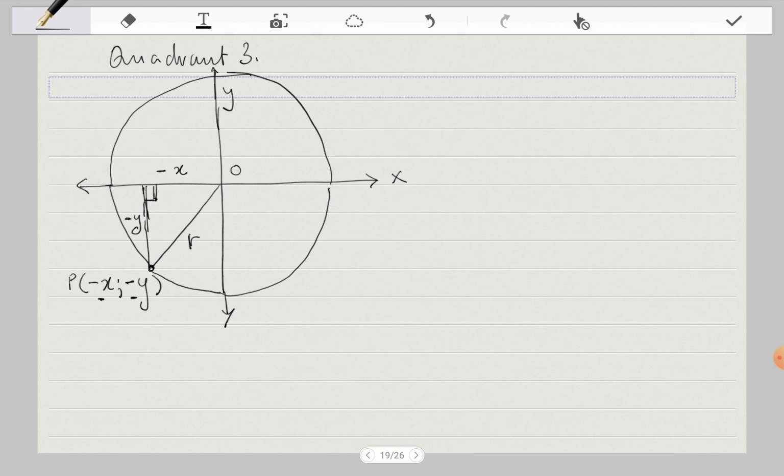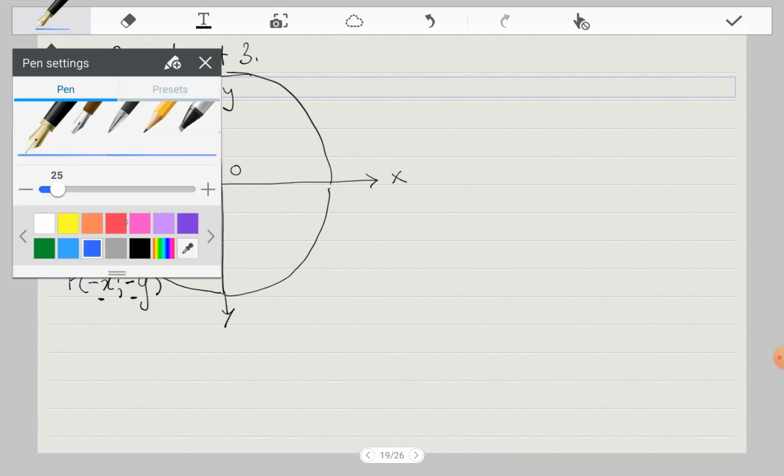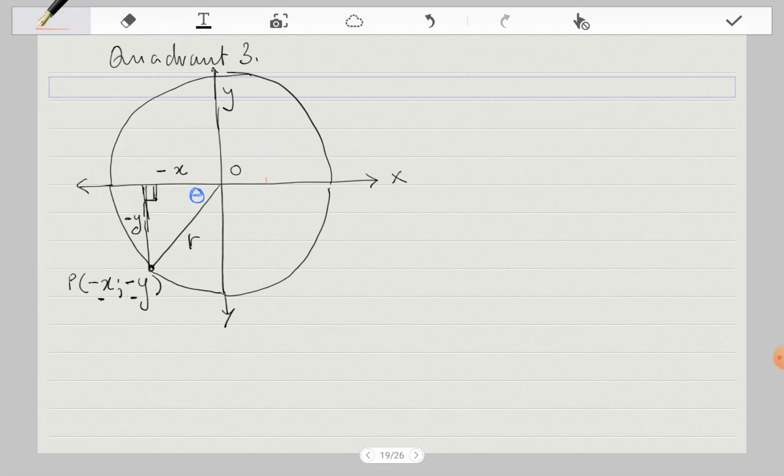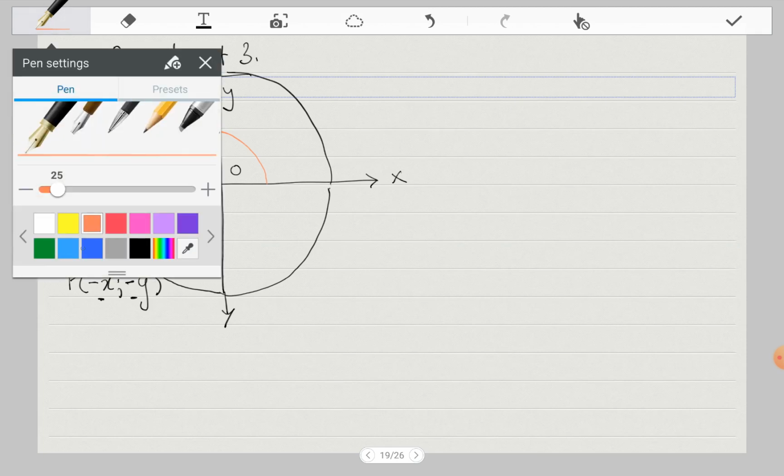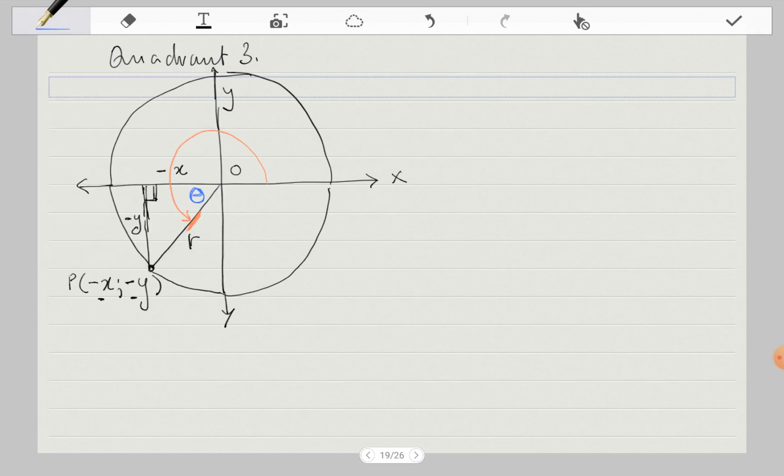Alright, so if we continue here and we do the same thing that we've done previously, just to show you that reflex angle measured from the positive x-axis. So if this is your angle in here, when you start off from the positive x-axis, you're starting off here and you're going all the way down to here. So let's draw it off on the side here. If you have a straight line here, remember the angles on the straight line are 180 degrees.